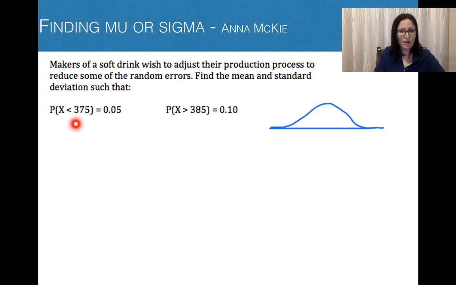That below a number, 375, the area or the probability is 0.05 or 5%. So that means off to the left somewhere here, doesn't matter how big that area is, it's 0.05 and the cutoff point is 375. And then this probability statement means a randomly chosen soft drink above 385, well, we've got a 10% chance of selecting one of those. So 0.10 here.